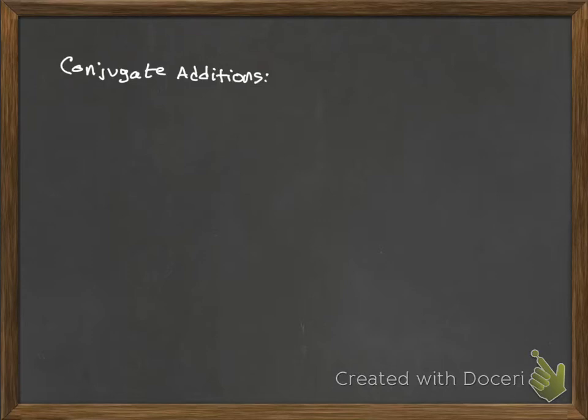Now, we talked about this in the last video. I'm just going to summarize it very quickly. Conjugate additions happen when you've got an alpha-beta unsaturated carbonyl and a nucleophile.